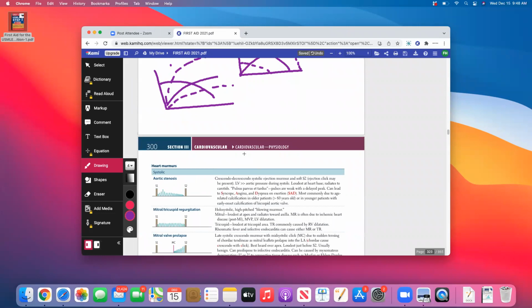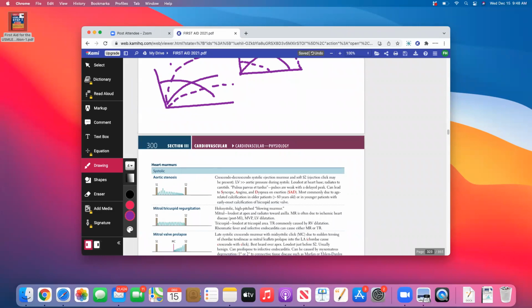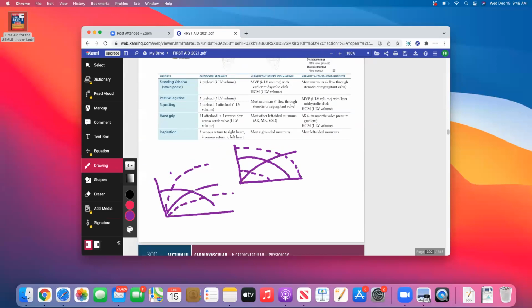Okay, very good. How about the midpoint comes up to here? What is the reason? Increased total peripheral resistance or decreased total peripheral resistance. If it comes from here to here, this is decreased, not increased. Yes? Okay, it makes sense, right?